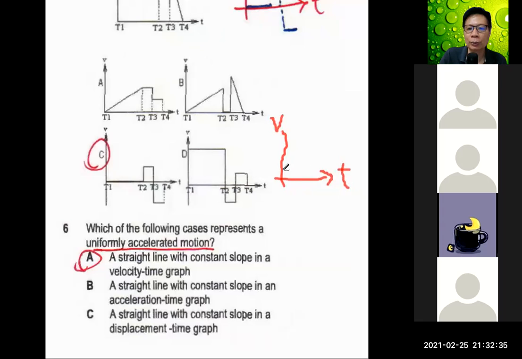Constant slope shows the graph is like that, not a curve. So this is uniform acceleration. Constant means the slope is constant, not a curve. Okay, right?